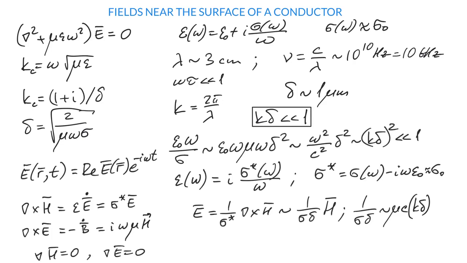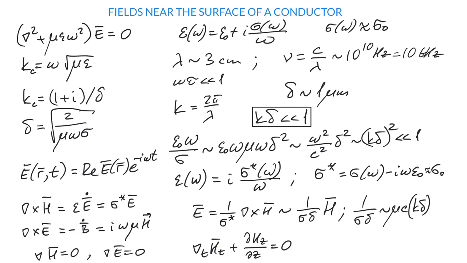Speaking about the magnetic field, let's write the divergence equation now in two parts. So div H can be written as del transverse dot H transverse, plus dHz by dz, where z is the direction perpendicular to the surface. Now, we know that d by dz is of order 1 over delta, and del t is of order k, as we just discussed.